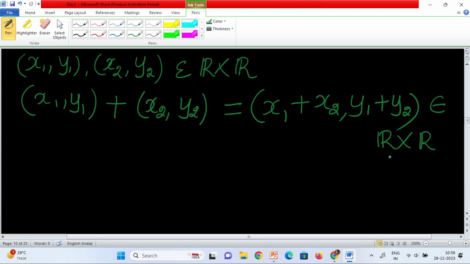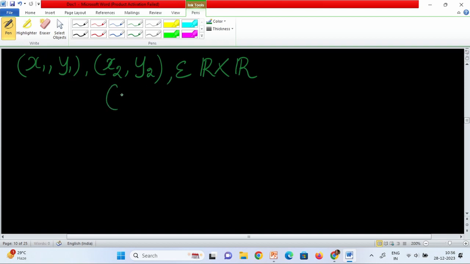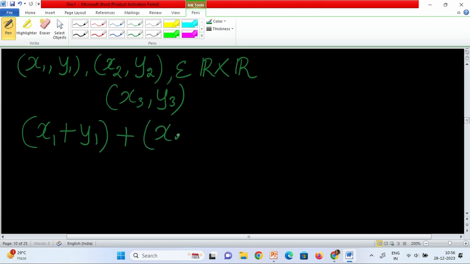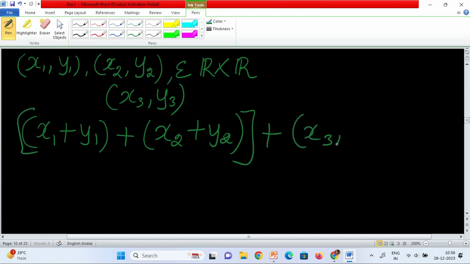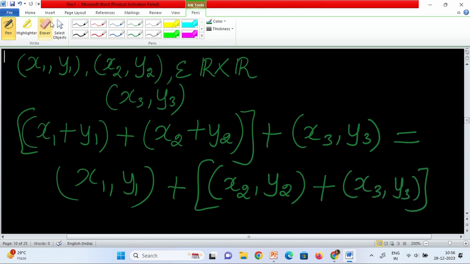For proving R cross R is associative, we have to take 3 elements in R cross R, that is x1, y1, x2, y2 and x3, y3 belonging to R cross R. To prove it is associative, we have to prove x1, y1 plus x2, y2, plus x3, y3 should be equal to x1, y1 plus x2, y2 plus x3, y3.